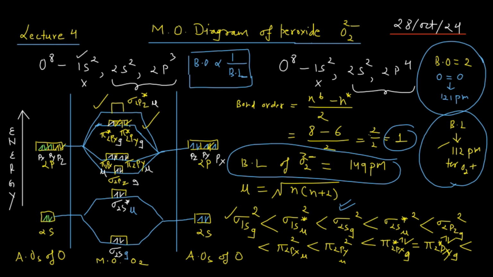So if you want, then you can quickly summarize all these things. How can you quickly summarize them? Say for example, you are having your dioxygenyl cation O2 positive. This is your O2, this is your superoxide, and this is your peroxide. Oxygen, you know, has 16 electrons in total, so the cation will have 15 electrons as you have seen already, this will have 17 electrons, and this will have 18 electrons.